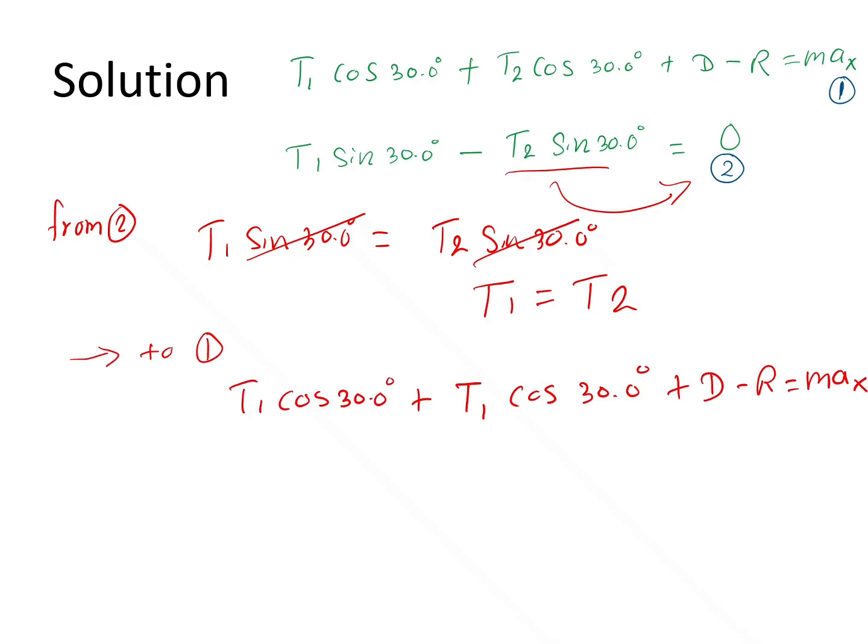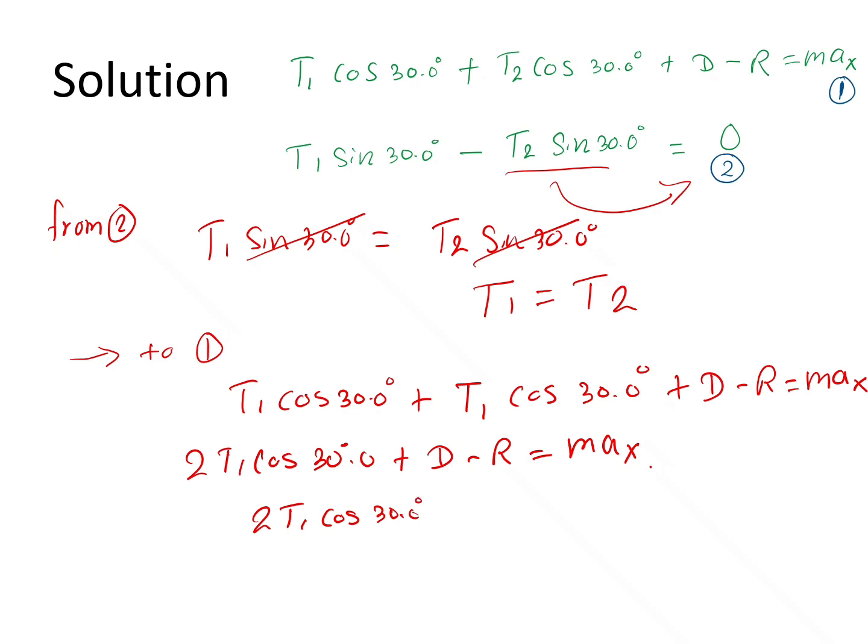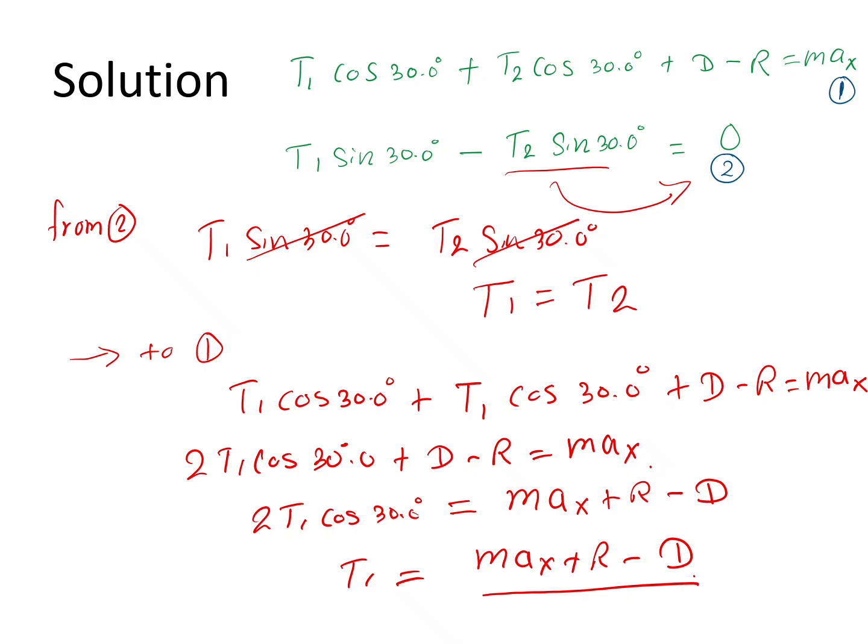Rearranging, 2 times T1 cosine 30 degrees plus D minus R equals ma x, and then 2 T1 cosine 30 degrees equals ma x plus R minus D. So from here we get T1 equals ma x plus R minus D divided by 2 times cosine 30 degrees.